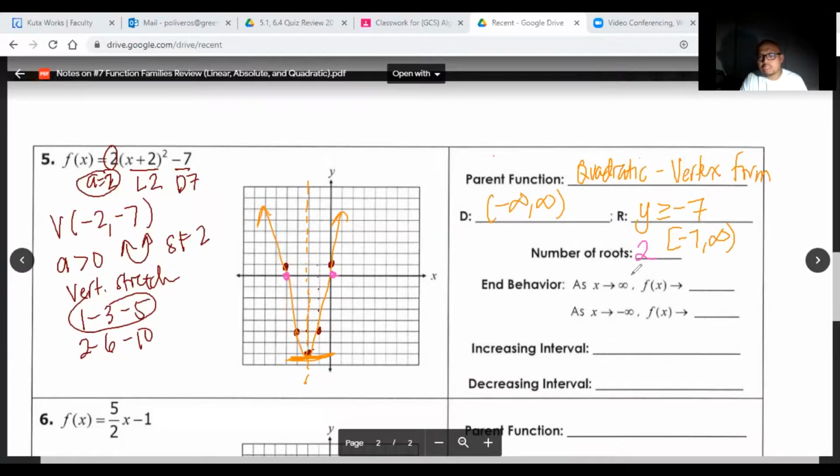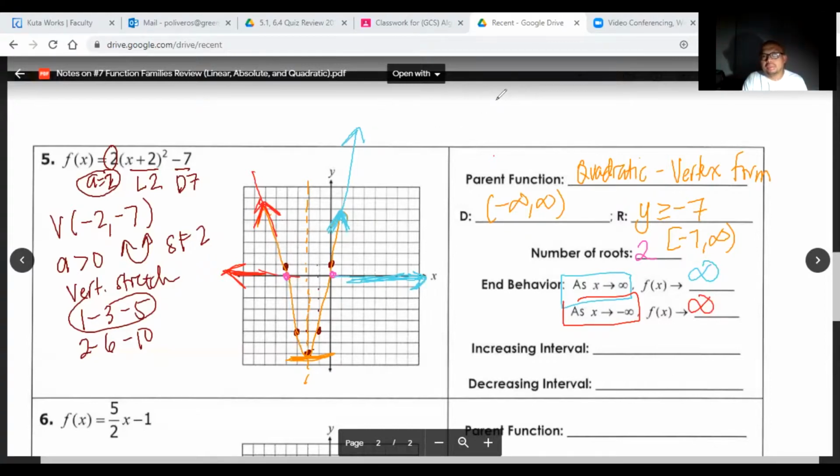As x approaches the positive infinity, the right side, what do you think is happening on this arrowhead here? It keeps going up, so this is going to the positive infinity. As x is approaching negative infinity, the negative infinity is right here. What do you think is happening on this arrowhead? It's going up still, so this is still going to the positive infinity.